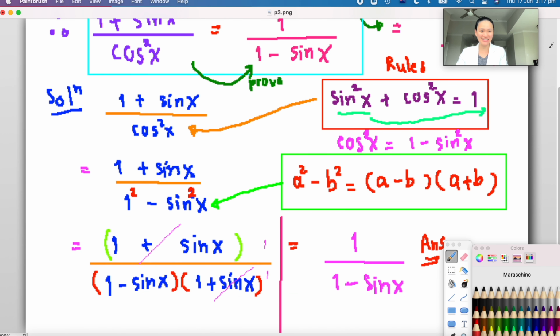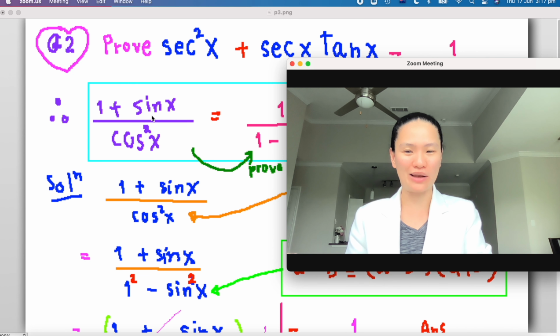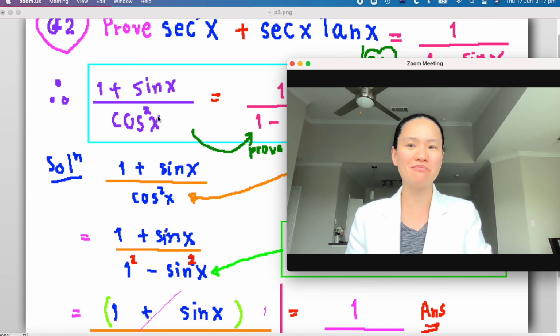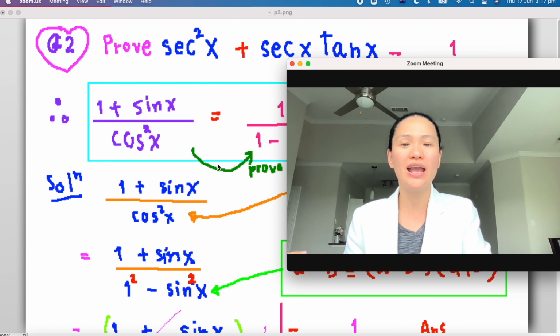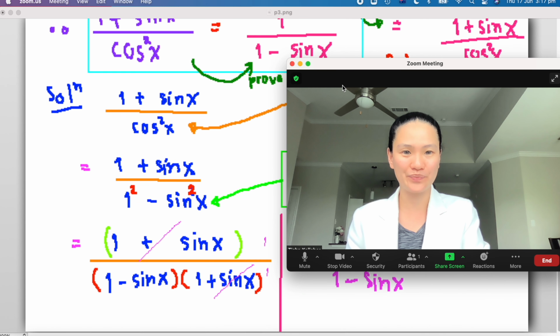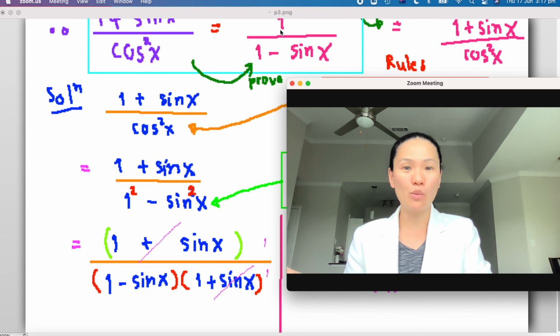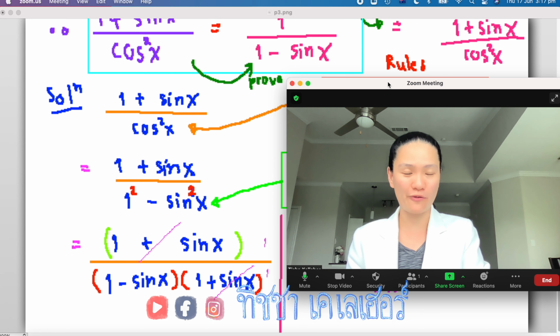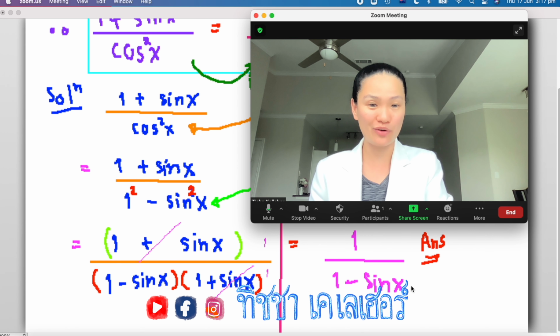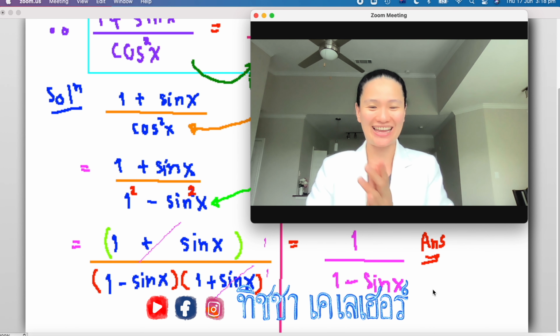That's it, we have done it correctly. Good job. From here you can see that (1 plus sin x) divided by cos x squared, which means all of the terms above, equals 1 divided by (1 minus sin x). And we have proved already that this is correct. You can see it from the answer here. That's it.